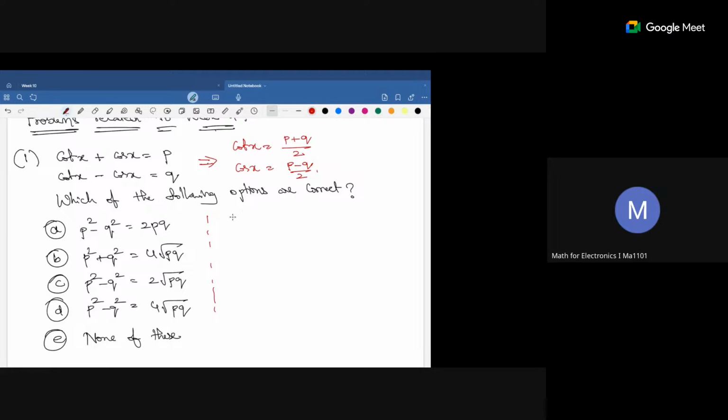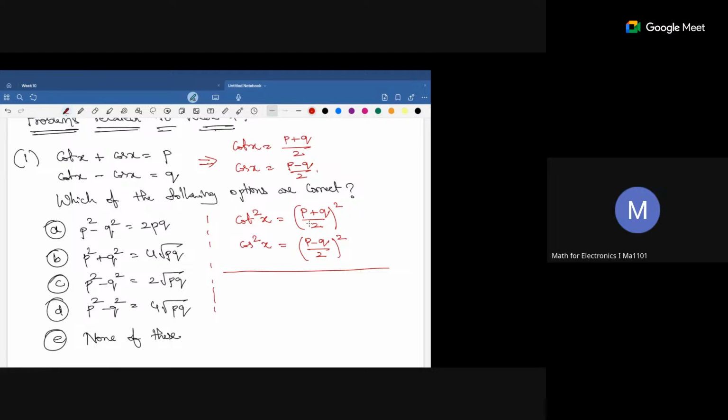So if I take cot square of x, this will be ((p plus q) by 2) whole square, and cos square of x will be ((p minus q) by 2) whole square. So these things are just tries. You can try it this way and see whether we are going to get successful or not.